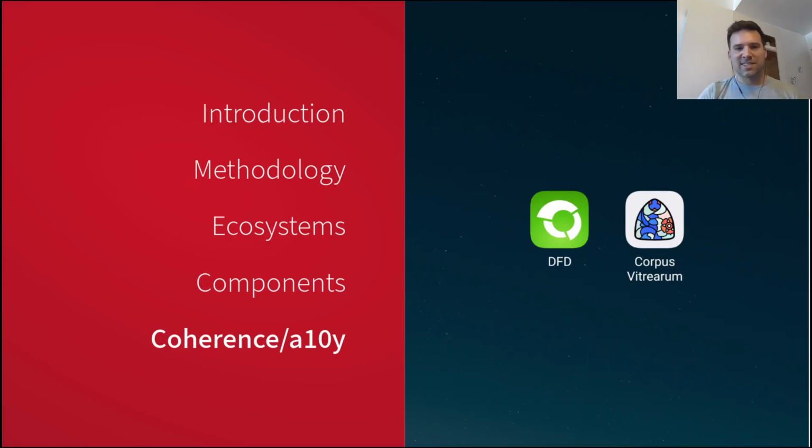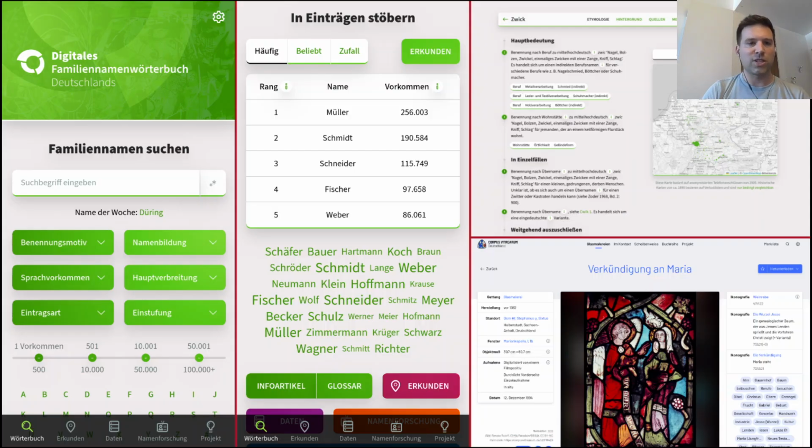Last point on my list, coherence and accessibility. You can see on the right what the interfaces this produces look like. They are able to be installed as web apps. So that's neat, even though they use a lot of conservative technology. They work well on mobile, and we've taken a number of decisions to make sure they are also nice mobile apps.